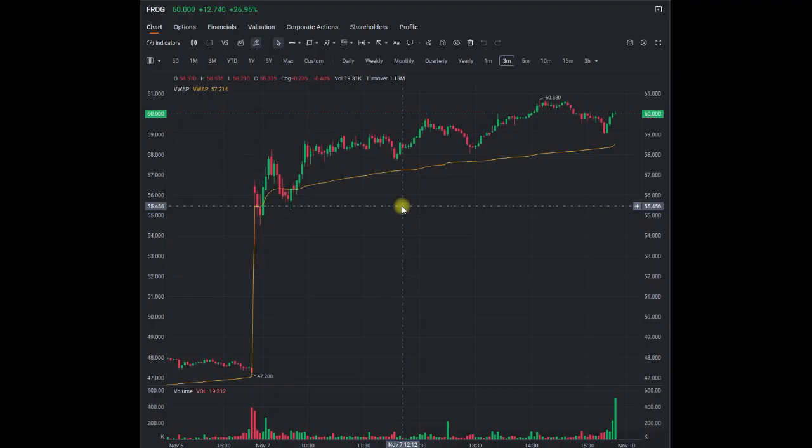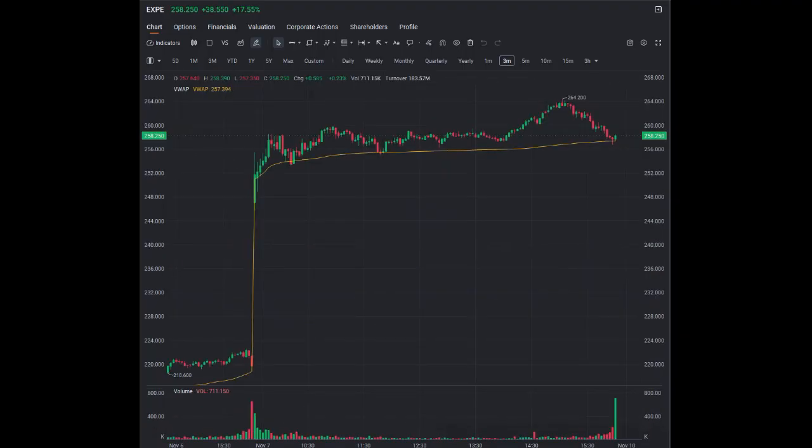Because if you risk very little and you trade the best movers in the market, the risk reward is in your favor, but you cannot increase the risk. So if you're trading JFrog, a $60 stock, you can risk only 60 cents on the position. And if you're trading a stock like Expedia, a $250 stock, you can risk $2.50, which is 1% of the price per position. That's what you can do.